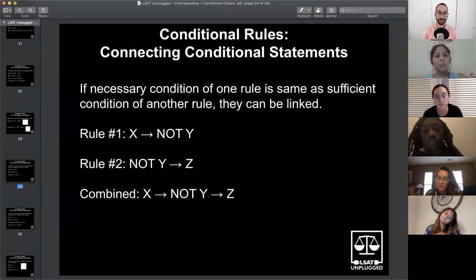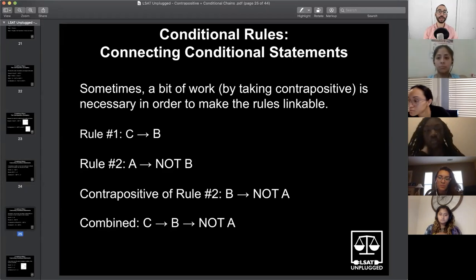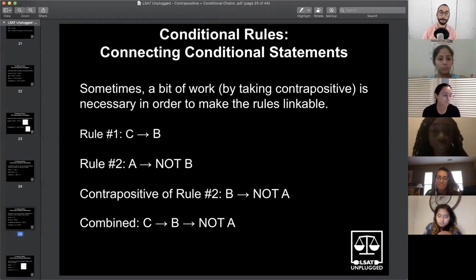And so we're making the chains now, then we'll practice reading them, and reading and interpreting them is really what it's all about. So like I said, you might want to do both where you take the contrapositive and you link things together. So it's like you're combining multiple skill sets in one place, big rewards for that.